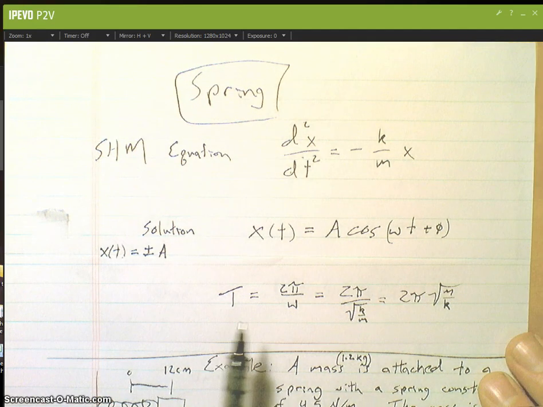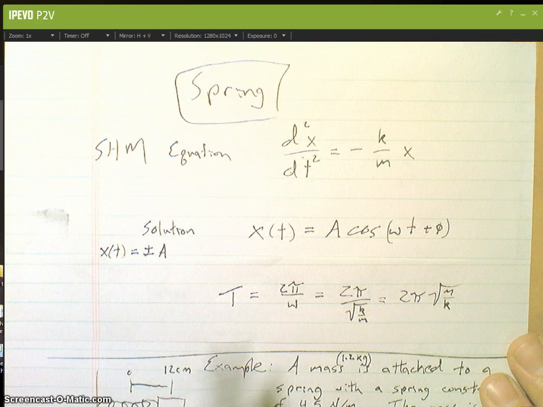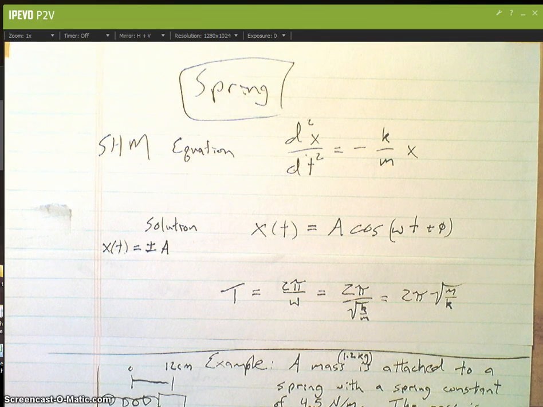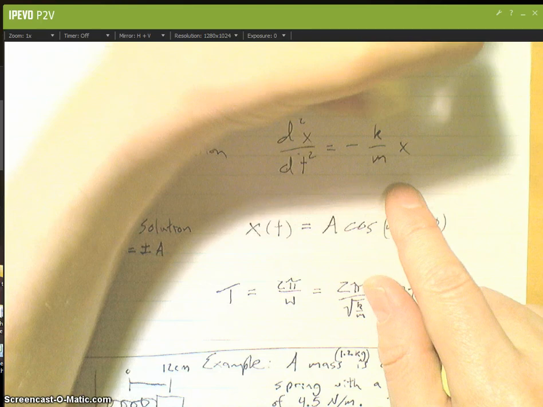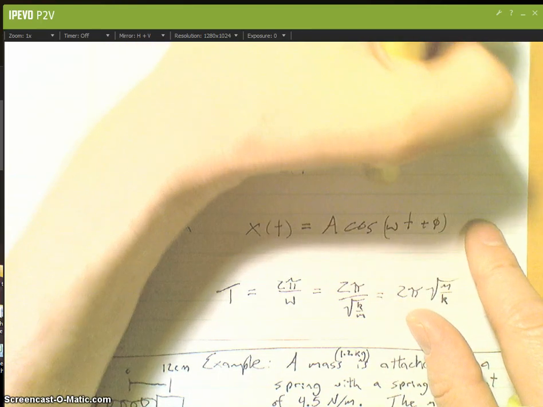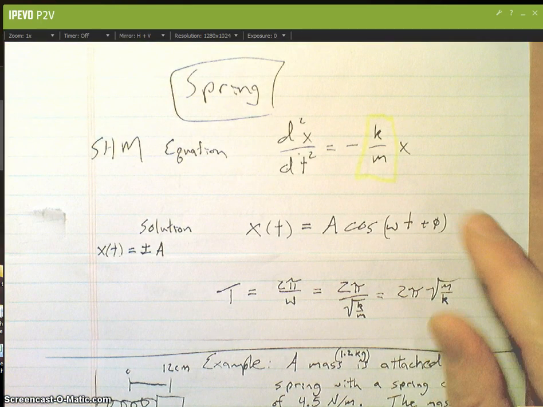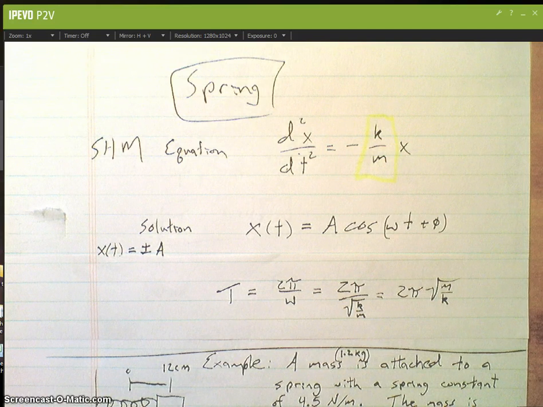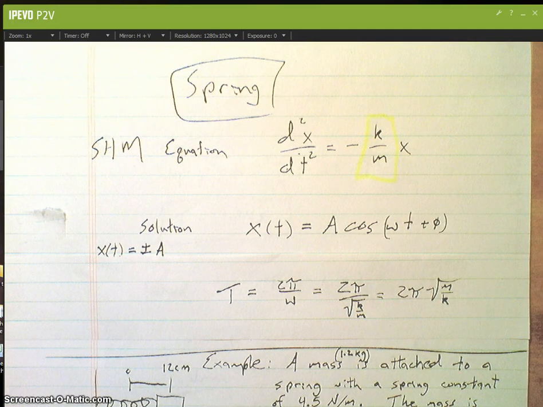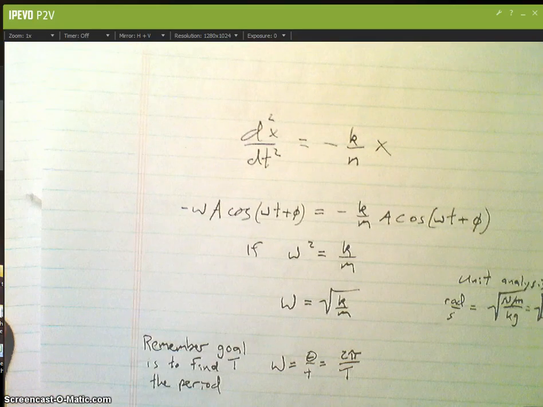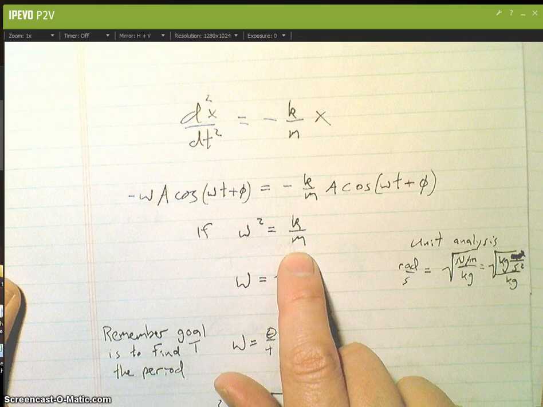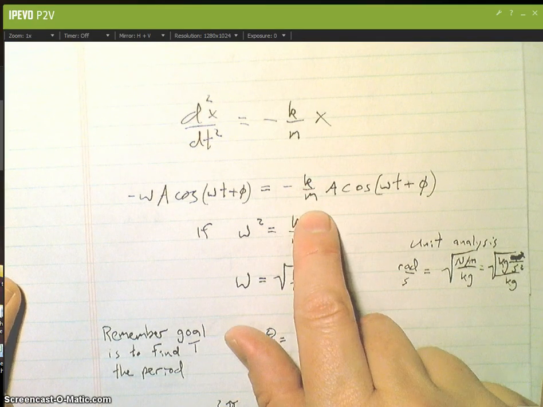And the period is equal to 2 pi over omega, but here's where I want you to pay special attention. This stuff right here is omega squared. We saw that in an earlier result, this equation only works if omega squared is equal to that stuff in there.